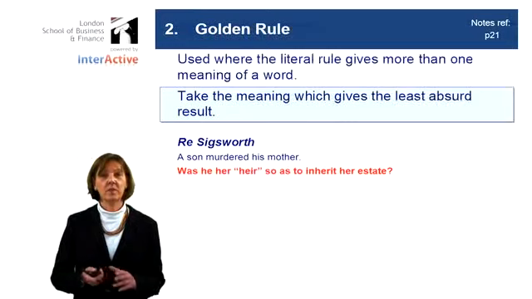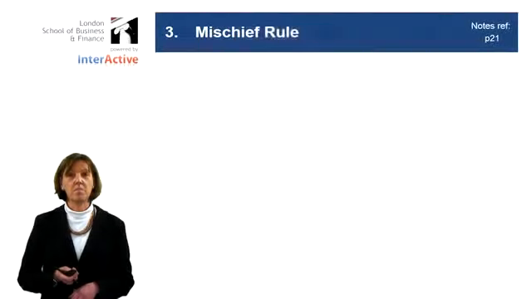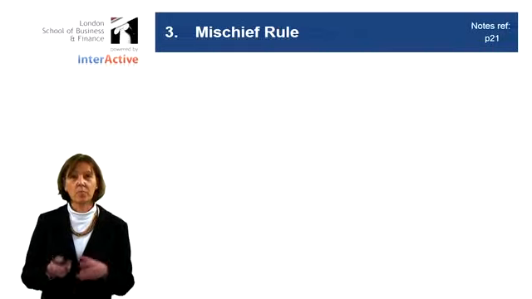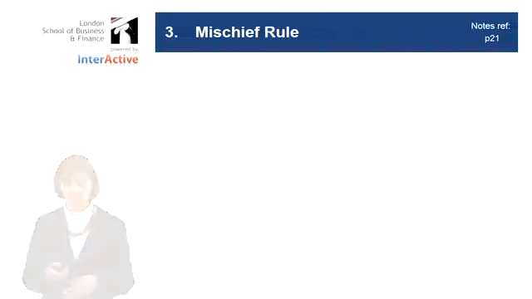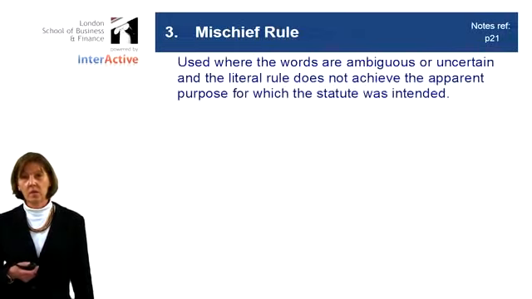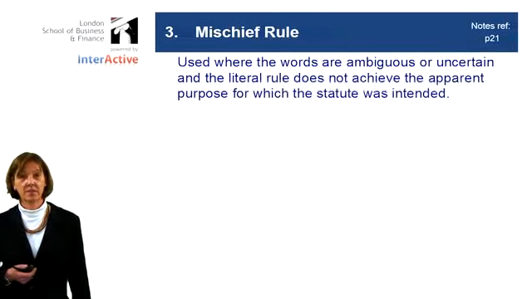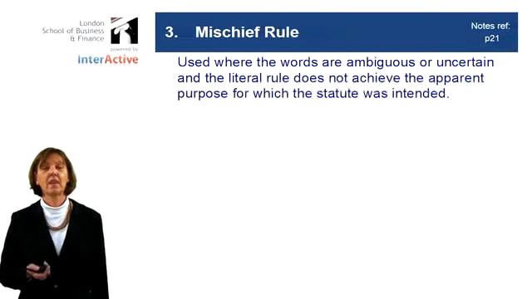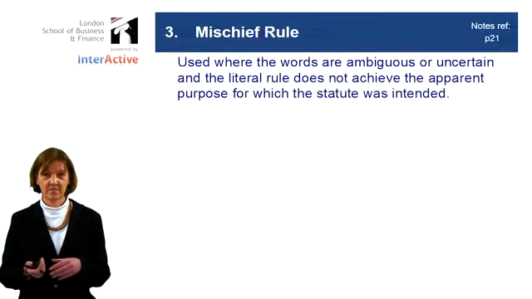On now to the next rule, the mischief rule, also sometimes called the purposive rule. So when do we use this? Well, it's used where the words are ambiguous or uncertain, and use of the literal rule doesn't appear to give effect to the intentions of Parliament.